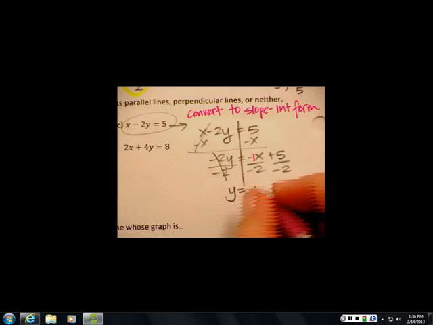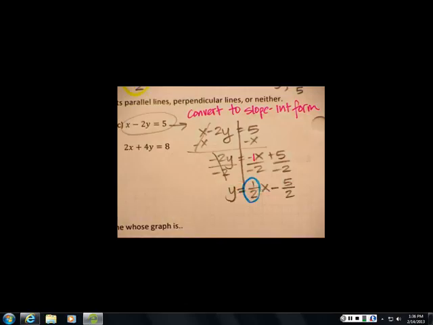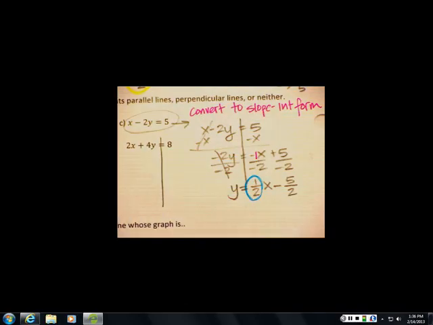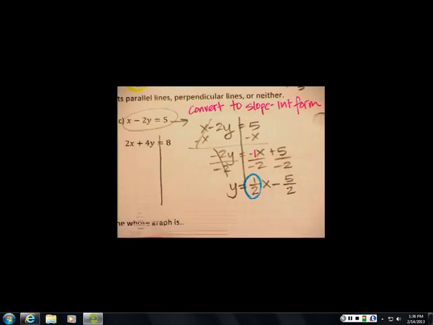So this is going to be positive 1/2 x minus 5/2. Don't let that 5/2 freak you out. It doesn't matter. This is the thing we're focusing on. That slope right there. So you can deal with the second equation, convert this into slope-intercept form, and then compare the slopes of the two lines to make your final determination.